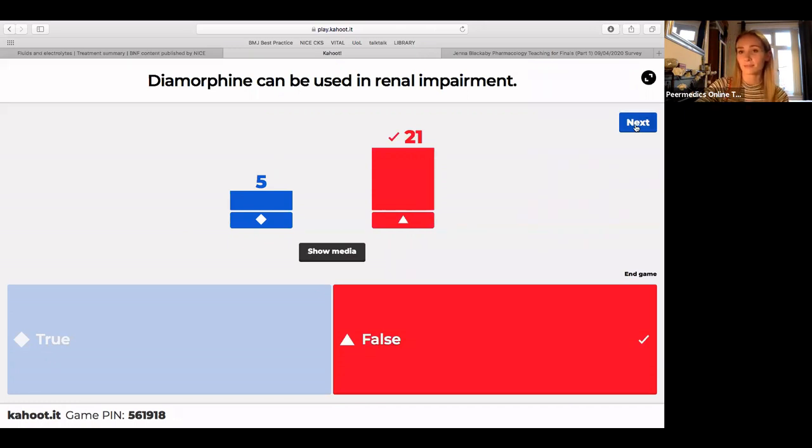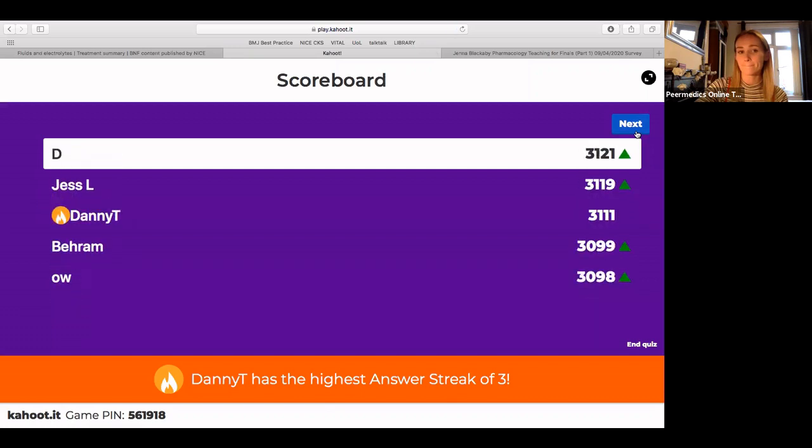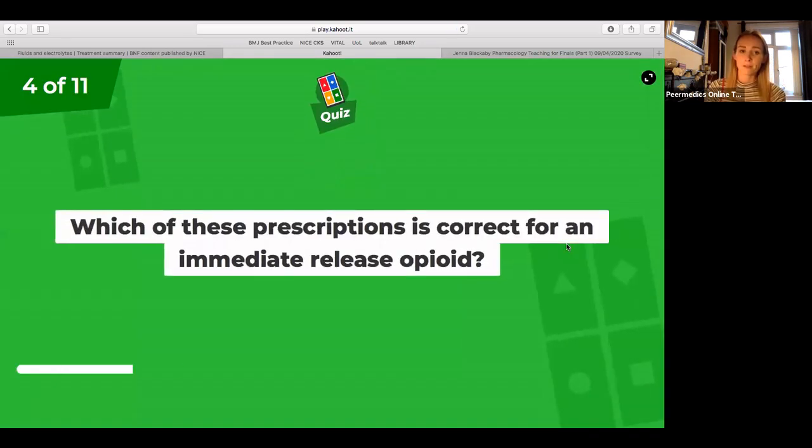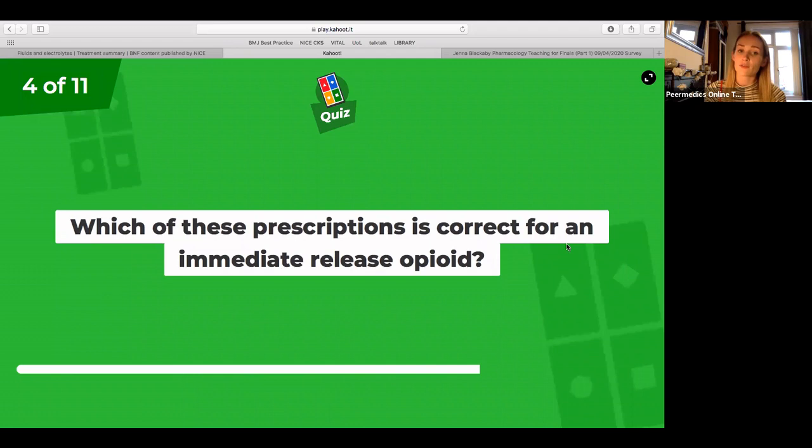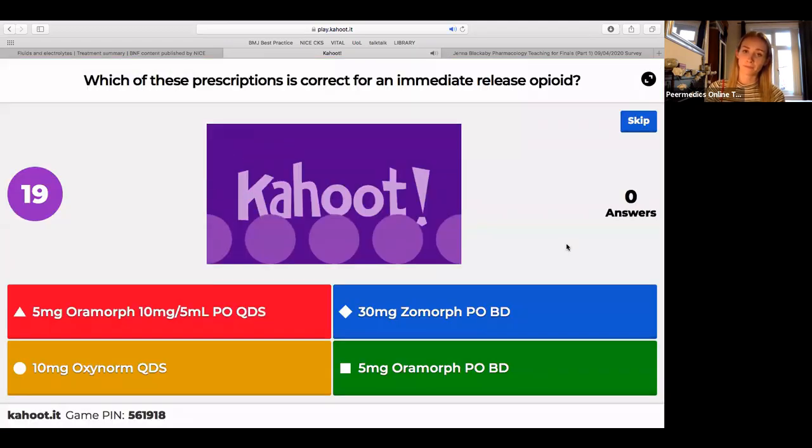Next. So which of these prescriptions is correct for an immediate release opioid?